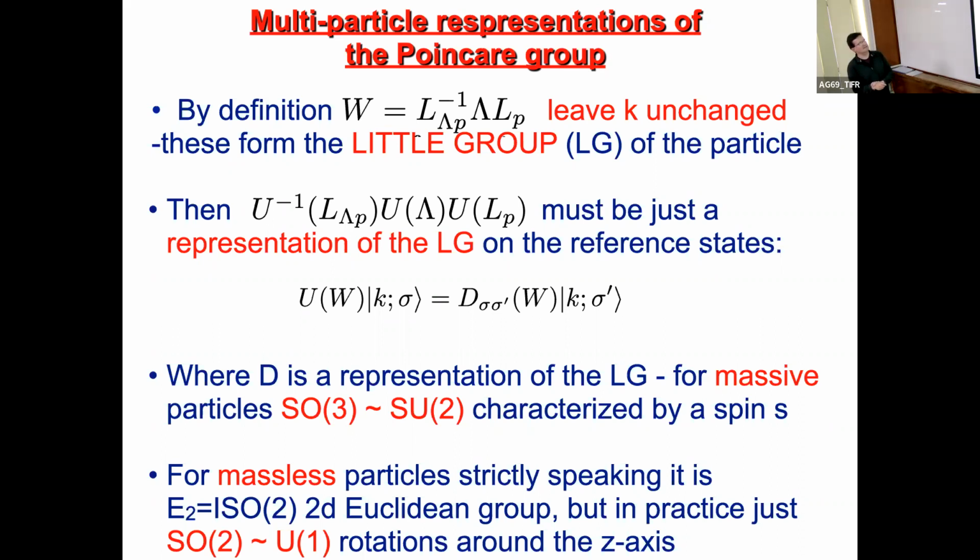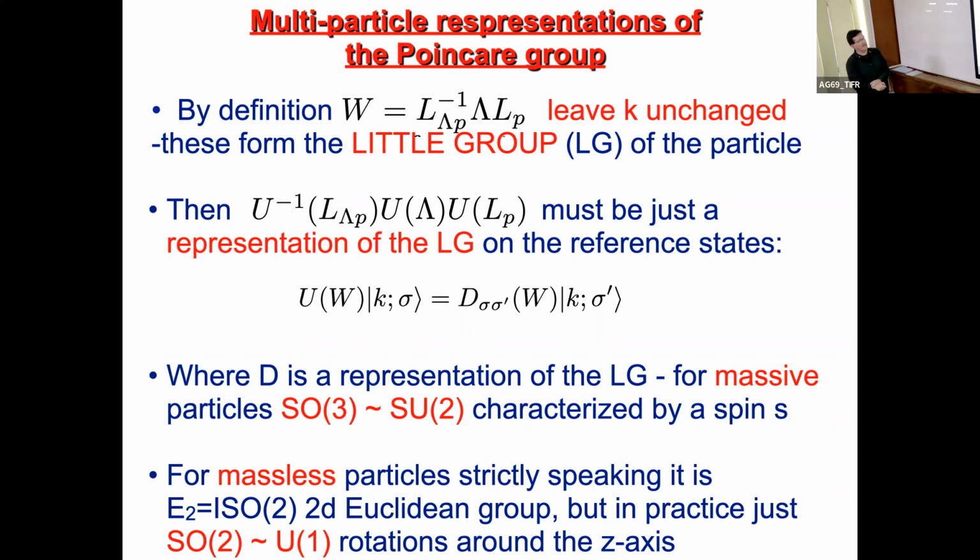Because if I act with this combined transformation on k, L(p) on k is p, lambda times p is lambda p, and then L inverse of lambda p takes lambda p back to k. That's what the definition of L holds. So these transformations leave k unchanged, and they correspond to the symmetry group of the reference momentum. This is what we call the little group of this particular particle.